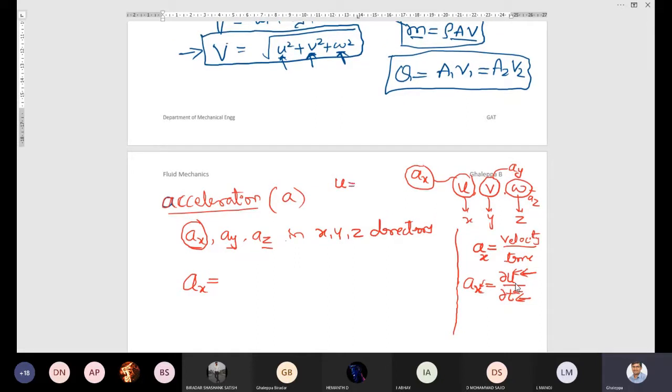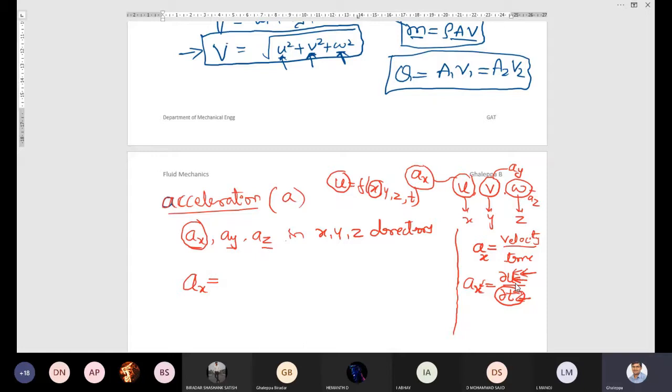U is dependent on or function of x, y, z and time. So we need to apply a chain rule here, because one variable is dependent on two parameters. Here u is dependent on time as well as u is a function of x also.